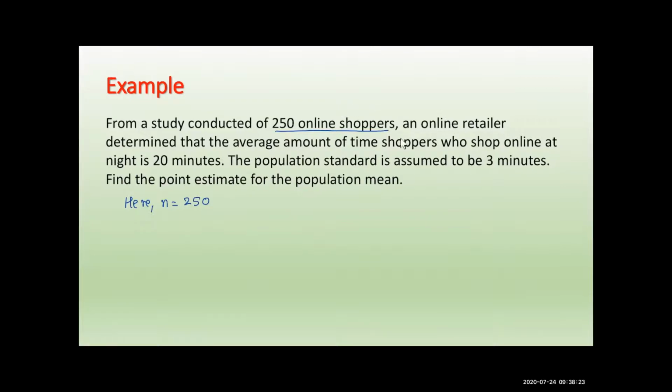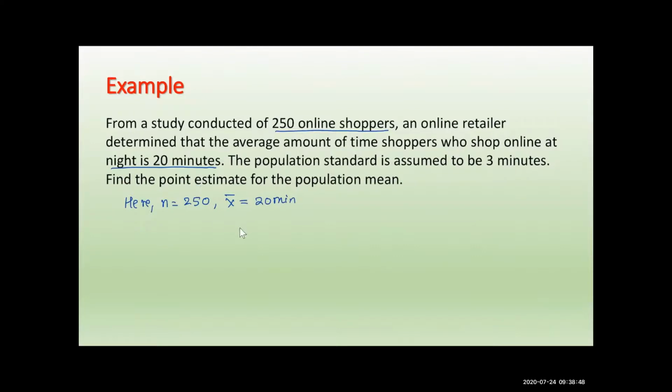An online retailer determined that the average amount of time shoppers who shop online at night is 20 minutes. So if they are shopping during the night, the average time they spend on shopping is 20 minutes. So that is the average of the sample. So X bar is equal to 20 minutes.